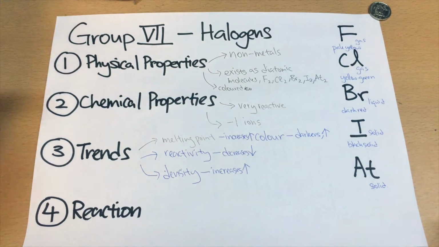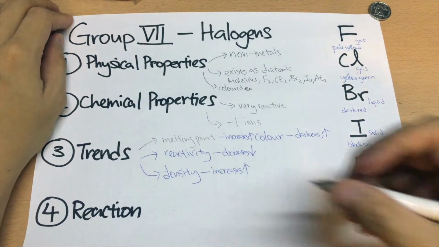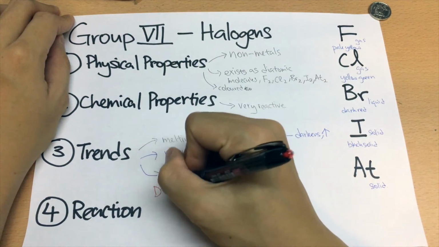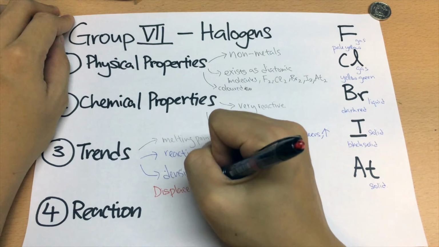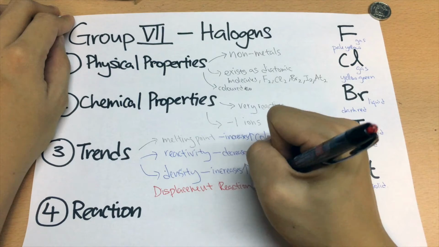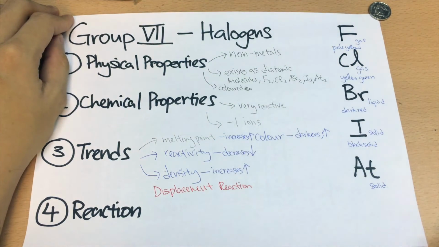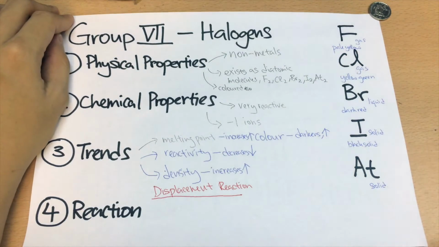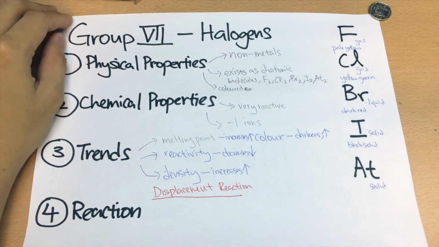Finally, the reaction that we need to know about halogens is this special reaction known as the displacement reaction. In the displacement reaction, the more reactive halogen will displace the less reactive halogen from solution. Let me give you an example.